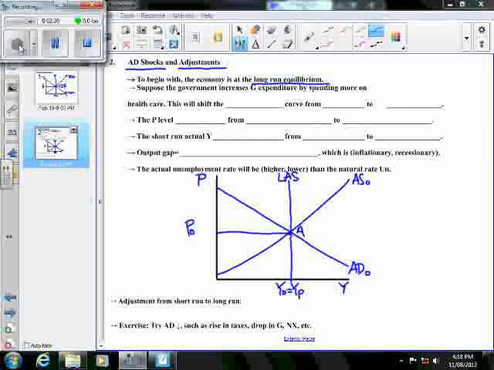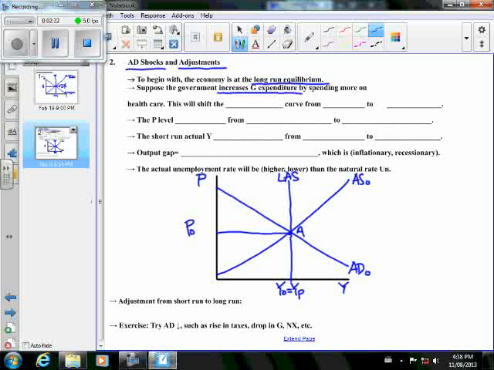Now suppose the government increases spending on healthcare. G is part of aggregate demand. As a result, the aggregate demand will shift from the currently AD0 to something higher. Let's call this AD1.